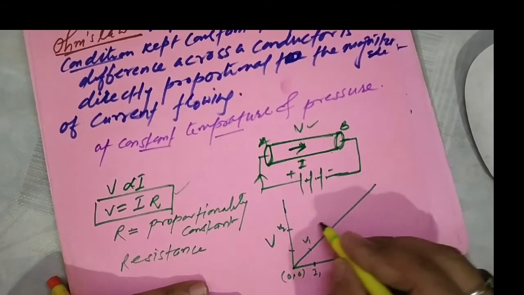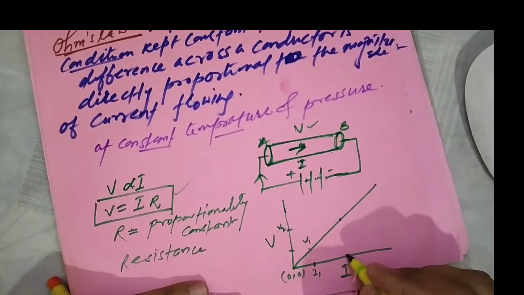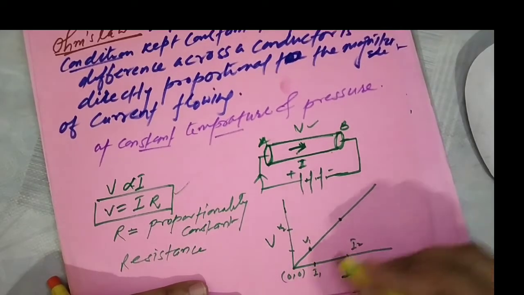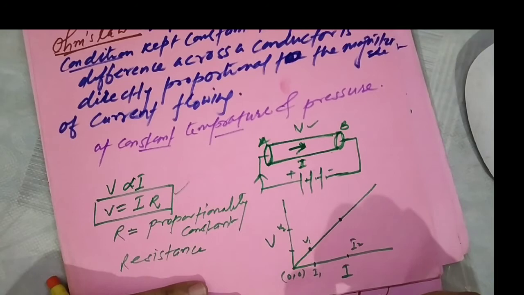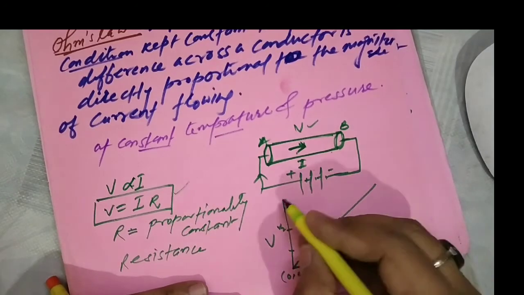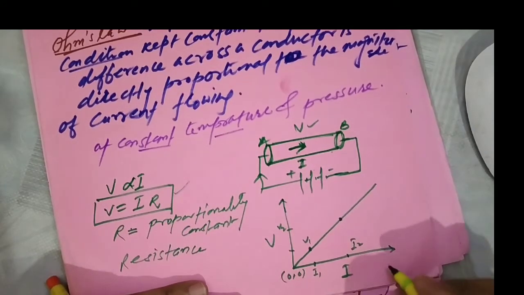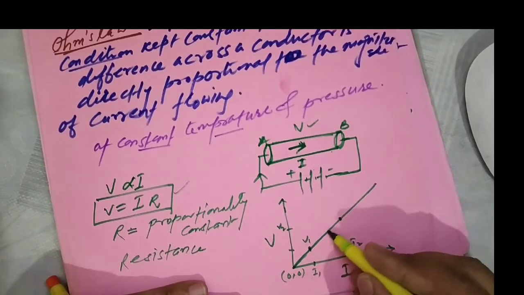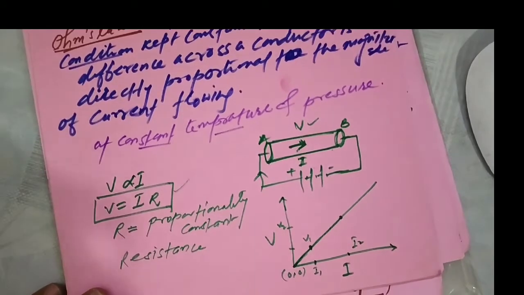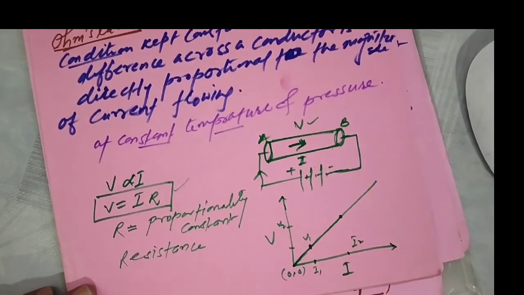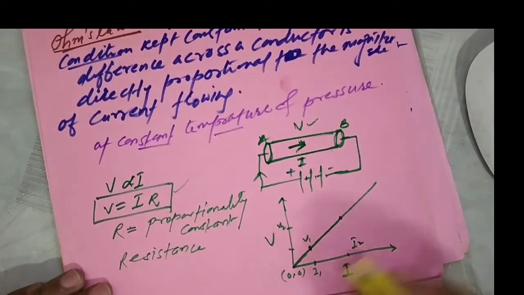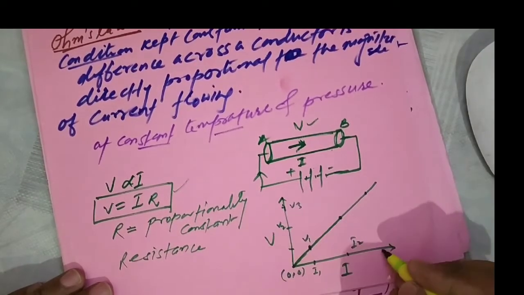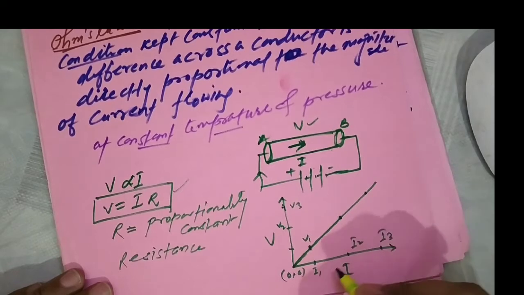So this is V2 and this is I2. You can see you'll get a straight line passing through the origin. Any ohmic conductor will follow Ohm's law, will have proportionality between V and I, and will give you a straight line graph. We can take more points, like V3, so we have I3.